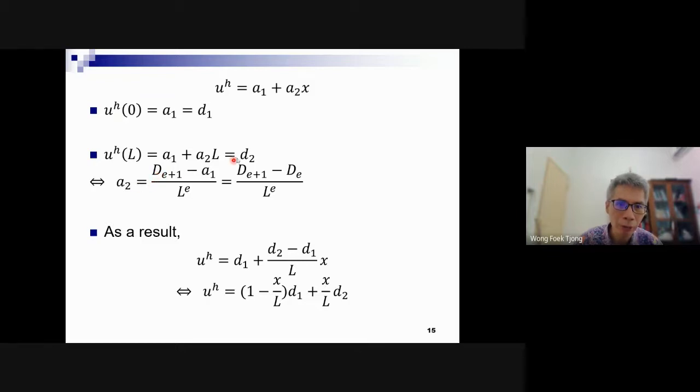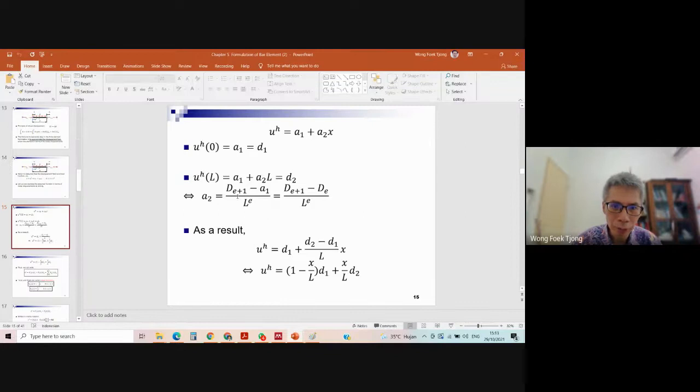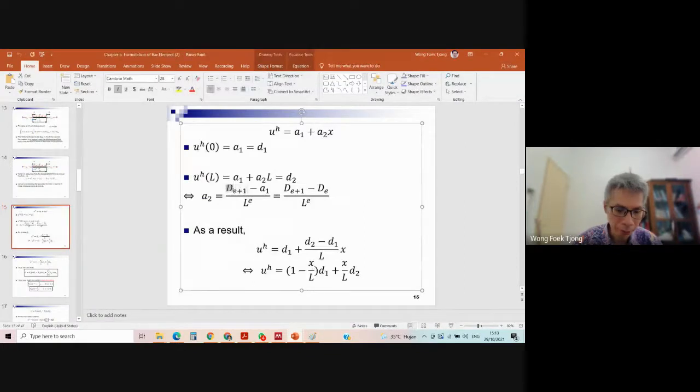Let me revise my slide. It should be like this. A2 is equal to D2 minus A1 over L.